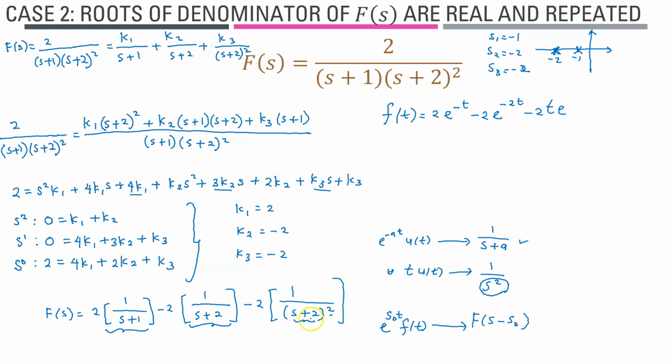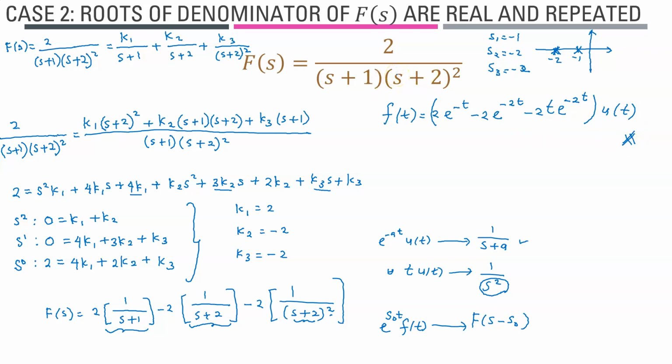Since you have positive 2 here, the s naught is negative, so you have e to the minus 2t. And the whole thing is multiplied with u of t. So this is the inverse Laplace transform of this equation.